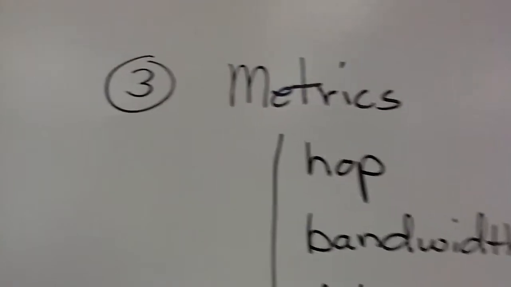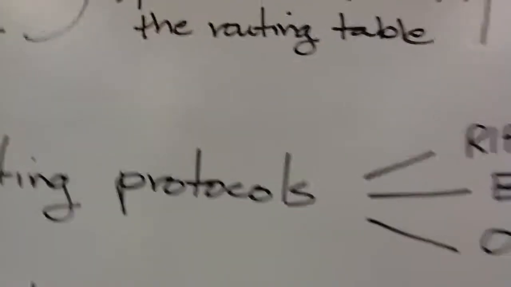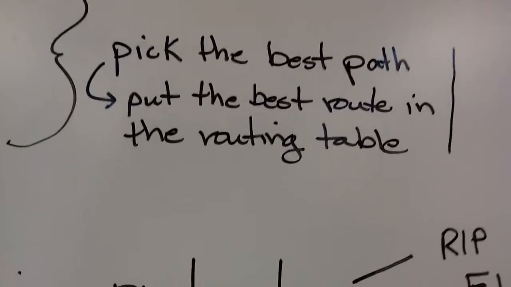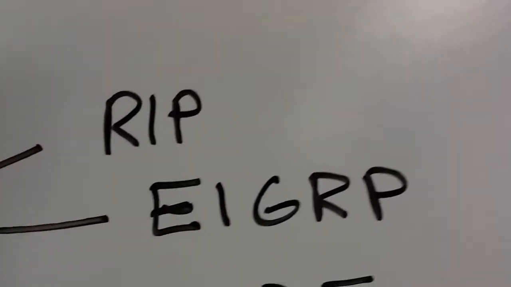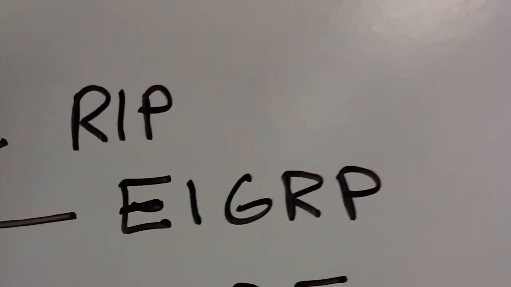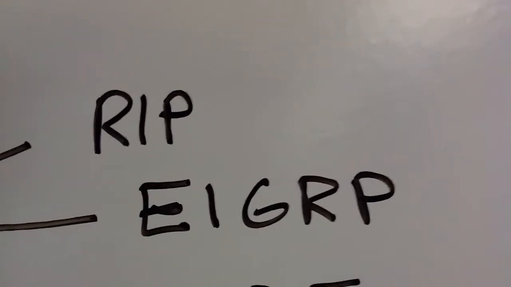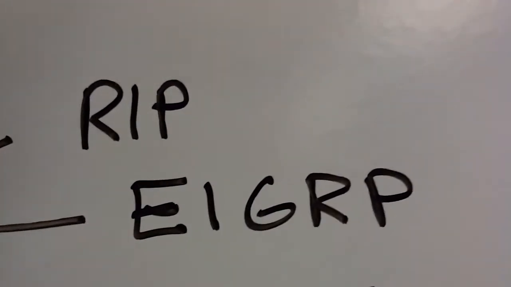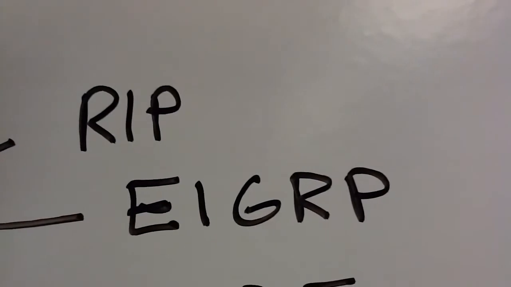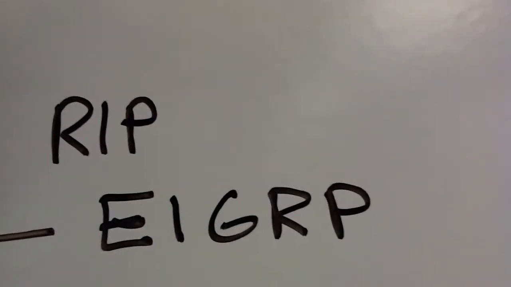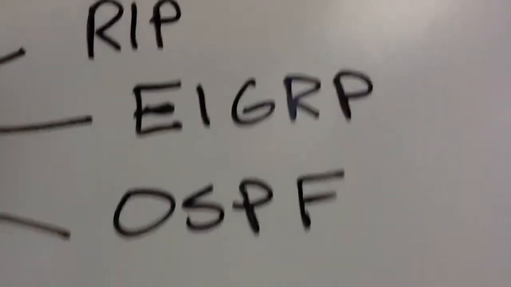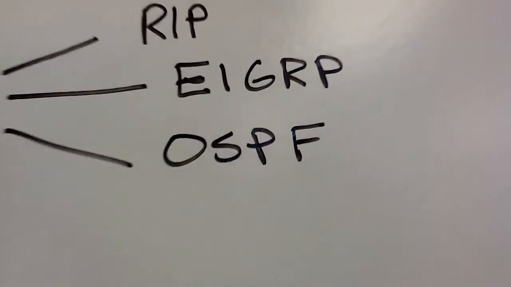But it's going to use some metric to decide what's the best route to put in the routing table. Distance vector routing protocols initially, like RIP, use hop count. EIGRP uses a variety of ways of determining it. OSPF uses a cost value that's based on bandwidth.